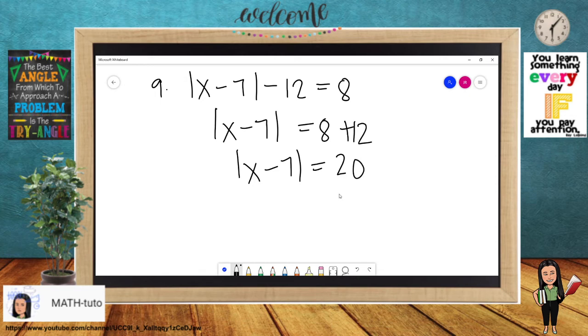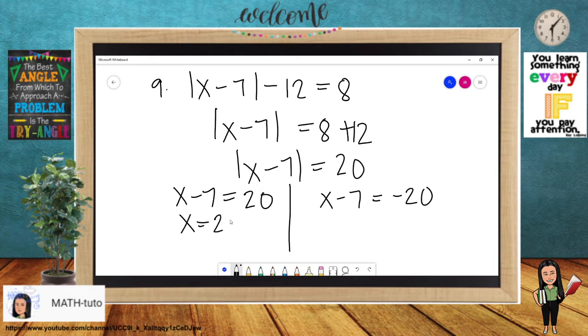Now, we apply the relation for absolute value. So, dito lang tayo magkakaroon na ng dalawang solution. Either x minus 7 will be equal to positive 20 or x minus 7 is equal to negative 20. Okay, in this side, x is equal to 20 plus 7, which is equal to 27.